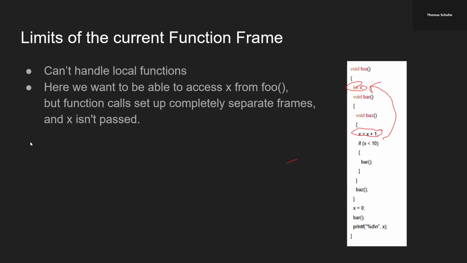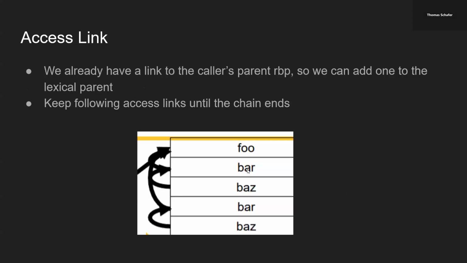To fix that, we need another thing in our function frame called an access link, where when we're searching for a variable, we have an access link to the enclosing functions. So Baz, in the previous example, was enclosed by bar, and bar was enclosed by foo. If we're looking at x for Baz, we check our current scope. If it's not there, we look at the access link, which has the base pointer of the enclosing scope, and we go, okay, is it here?